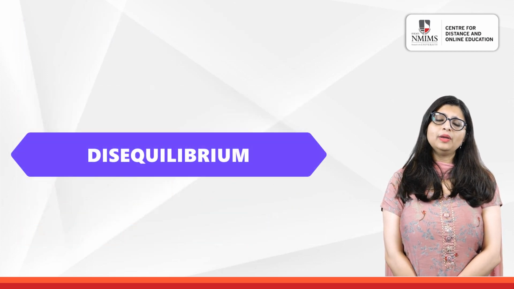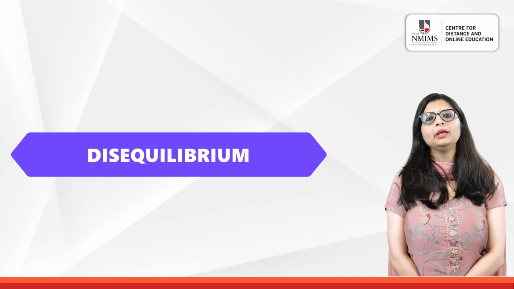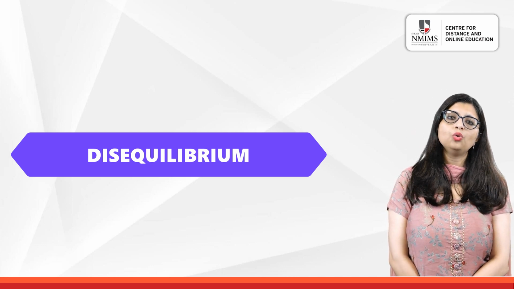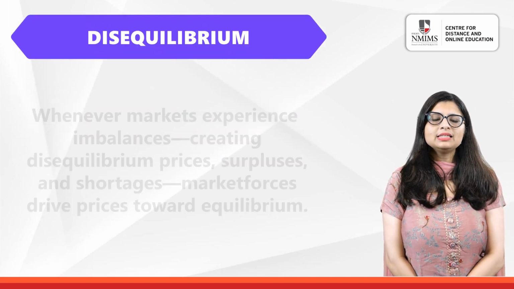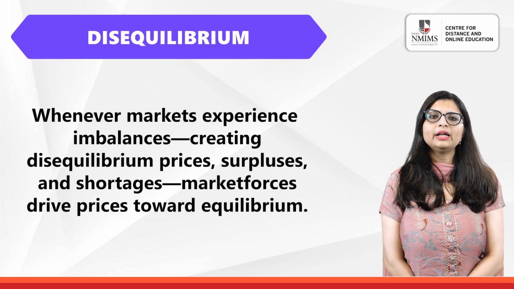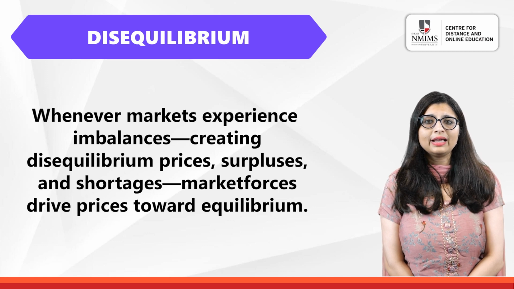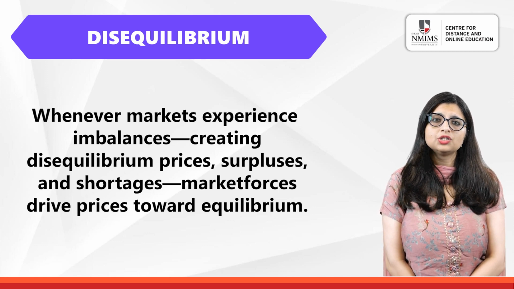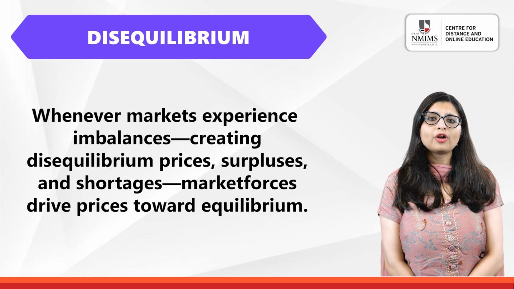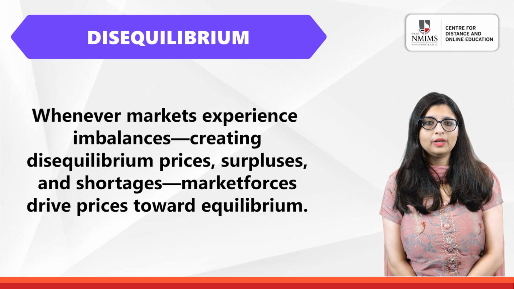What about disequilibrium? Since we have seen what equilibrium is, I am sure you must be able to know what a disequilibrium is. Disequilibrium is whenever the market experiences imbalances, creating surpluses and shortages, and market forces drive prices towards equilibrium.